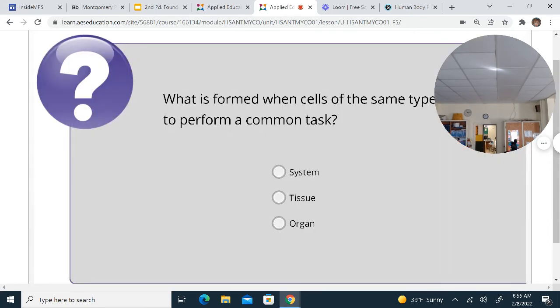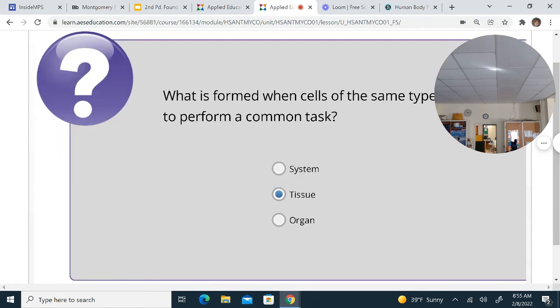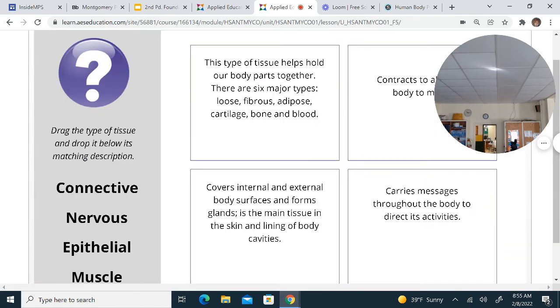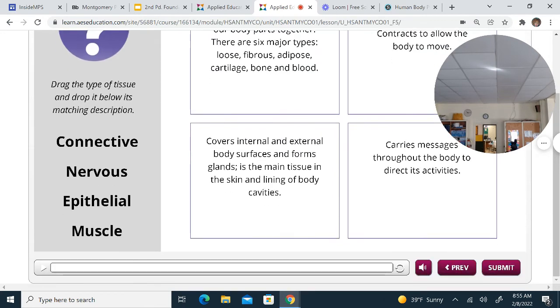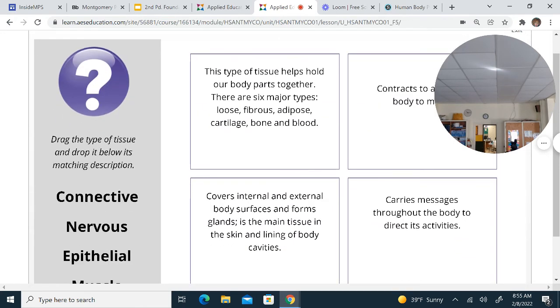What is formed when cells of the same type join to perform a common task? Alright, so which type of tissue holds our body parts together?